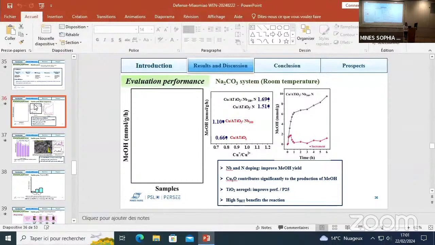Maybe it is stupid, but when we compare to a commercial reference product, P25, it is very efficient, and it is a mixture of anatase and rutile, but without any contact except the Brownian movement of the particles, no covalent contact. Do you think we can take advantage of this? Or maybe it is completely stupid and we have to work with pure anatase and not work deeply on the calcination temperature. What is your feeling about that?